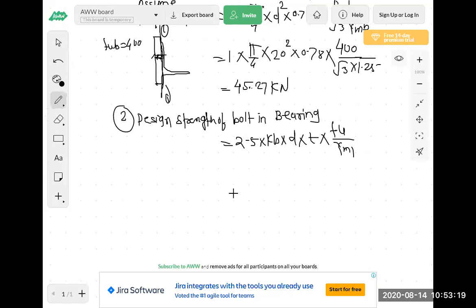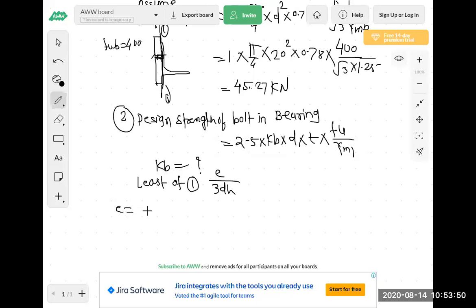First we have to calculate the value of kb. Again here the 20 mm diameter is there, but we will calculate the value of kb. Kb is the least of the following numbers: e divided by 3dh. But before that we have to calculate edge distance and pitch distance.